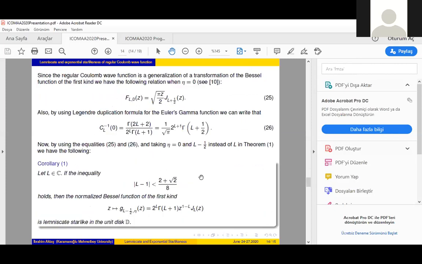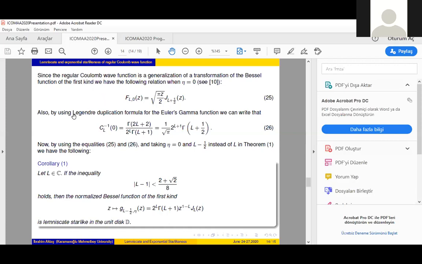We know that there is a close relationship between the Coulomb wave function and the classical Bessel function of the first kind. In the above theorem, by taking eta equal to 0, we obtain that the function is this, a classical Bessel function.